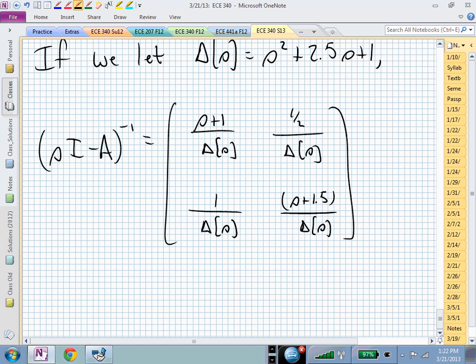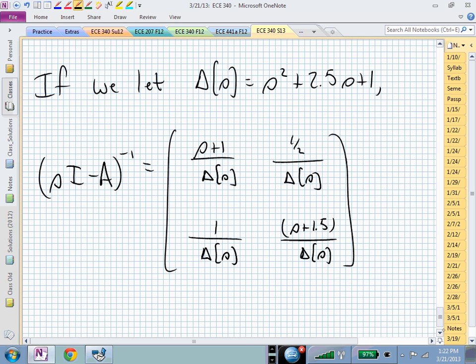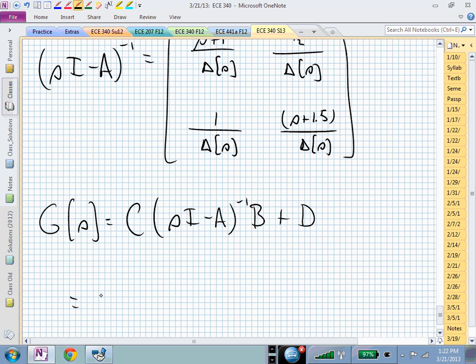So now G of s is C SI minus A inverse B plus D. And C was a matrix -1, 0, wasn't it? That was our C matrix.